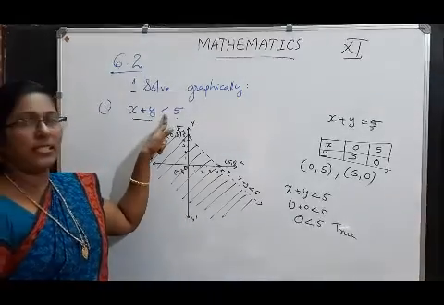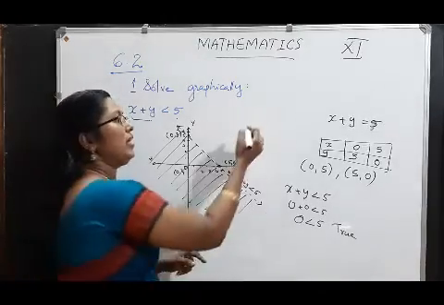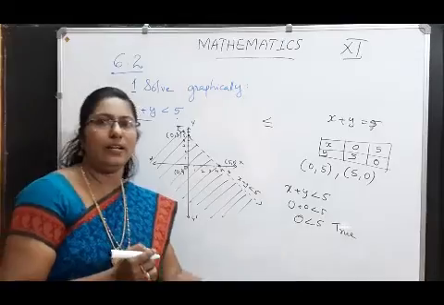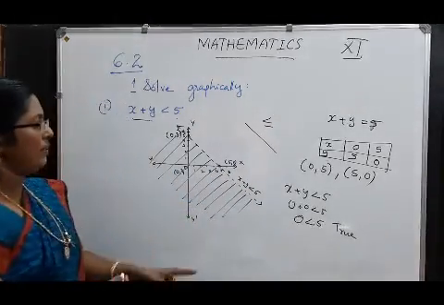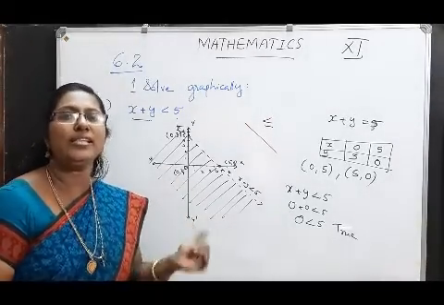Since it is a strict inequality, use a dotted line. If it is a slack inequality, you can draw the straight line. Then the next step is to find the solution region.